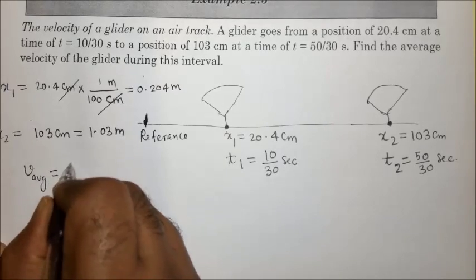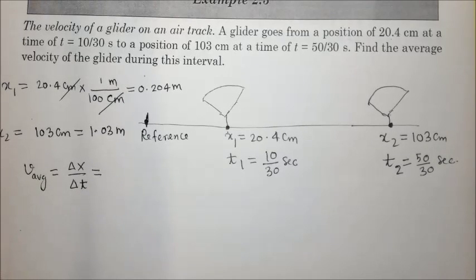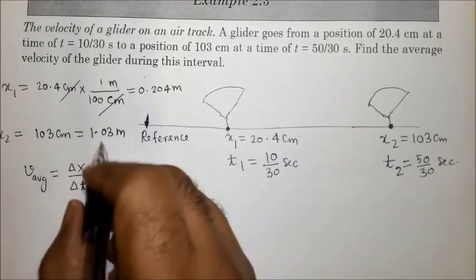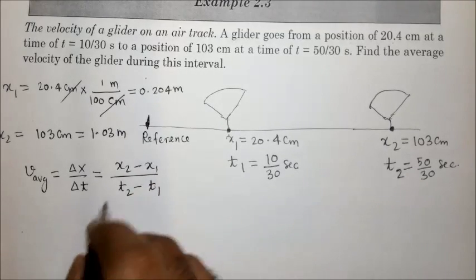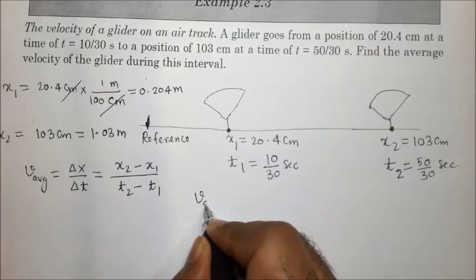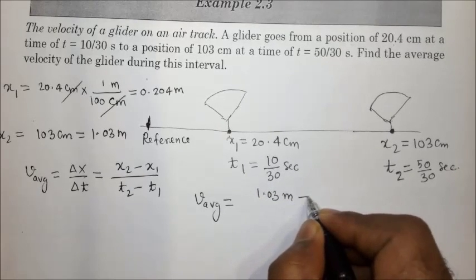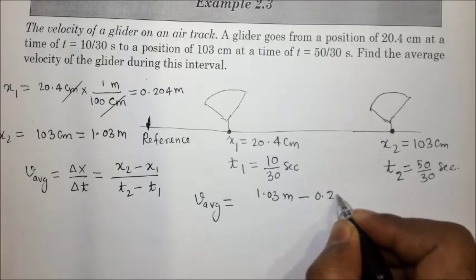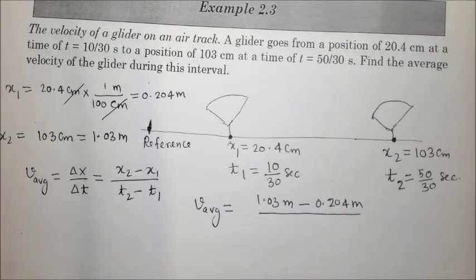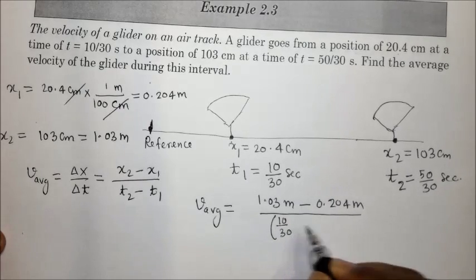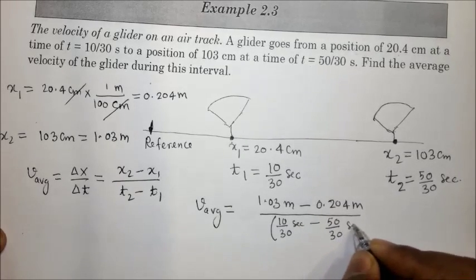V average is delta x over delta t, final position minus initial position divided by final time minus initial time, and this gives you V average is 1.03 meter minus 0.204 meter over 10 by 30 second minus 50 by 30 second.